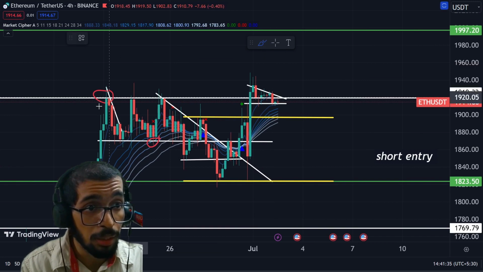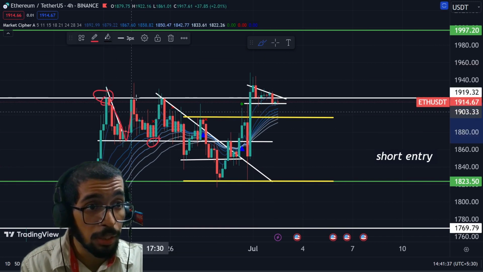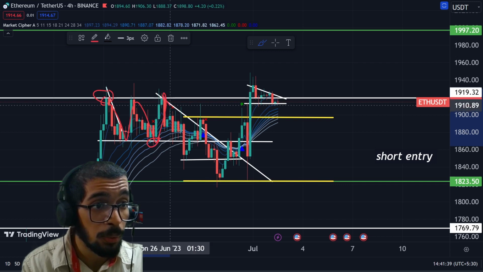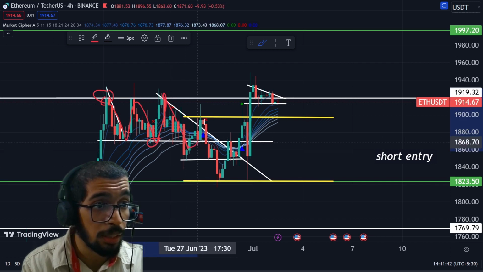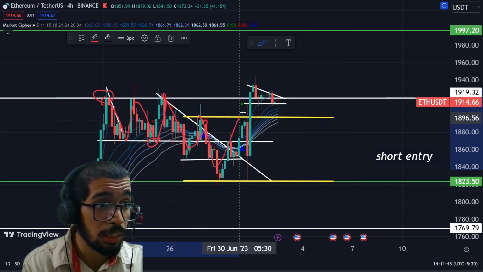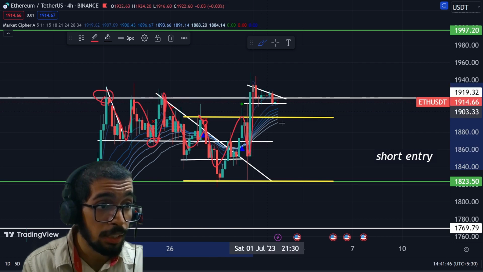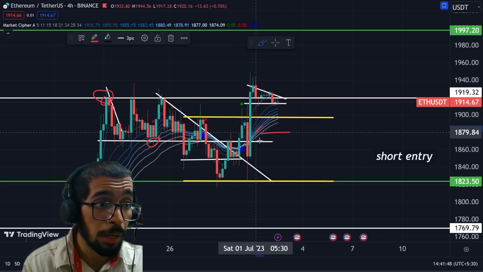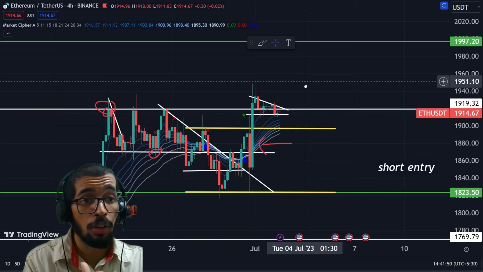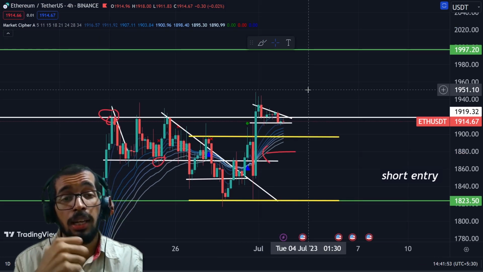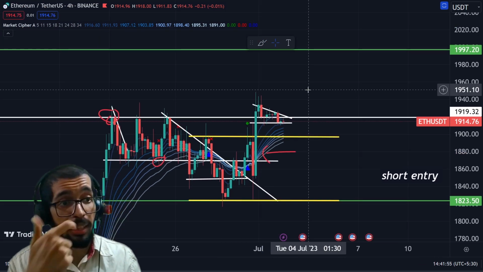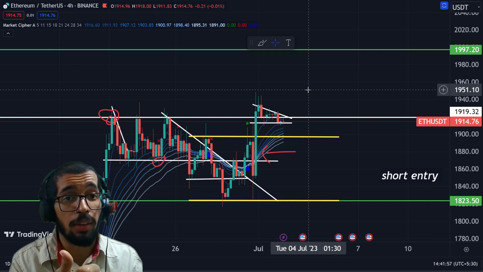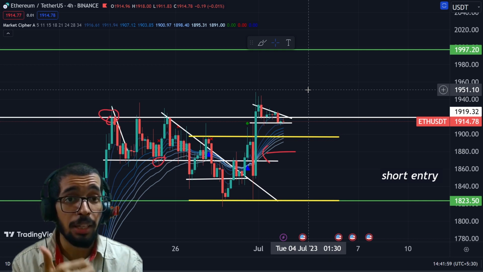From here to here, from here to here, from here to here, then from here to here. It's just pumping, big pumps. Even this one, you can see, this pump was a big pump. So if anyone is watching the Bitcoin chart and then the Ethereum chart, you see where it's going on the Bitcoin chart, and the same thing Ethereum will do.